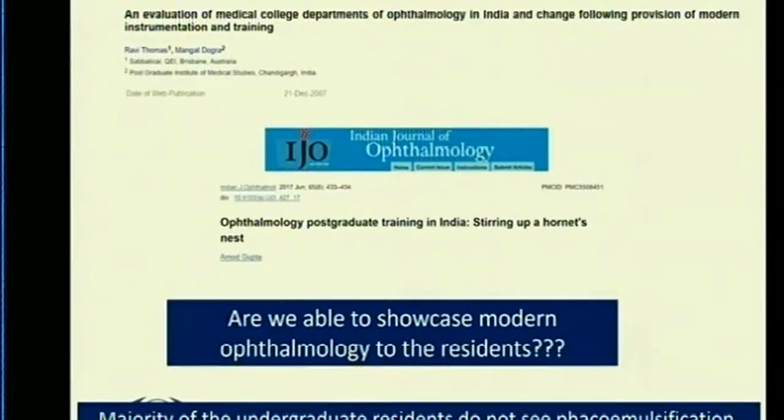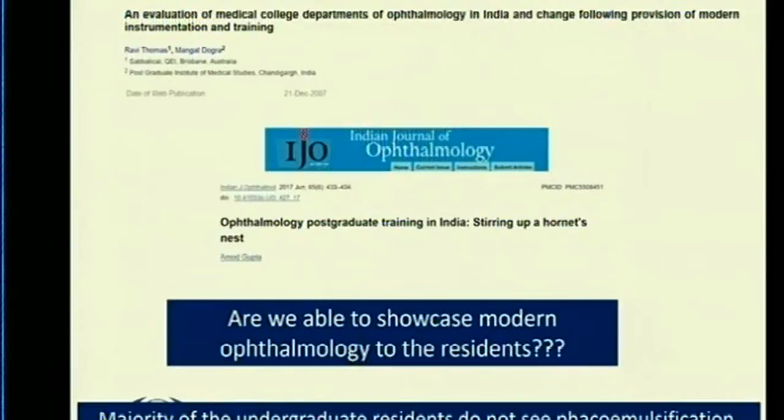Now, this was an article that was written in IGO, and the question that was asked was: are we able to showcase modern ophthalmology to the resident? That is the most important thing, when you are looking at the teaching and the level of the doctors who are teaching ophthalmology in various medical colleges. Do they know what the new technology is?